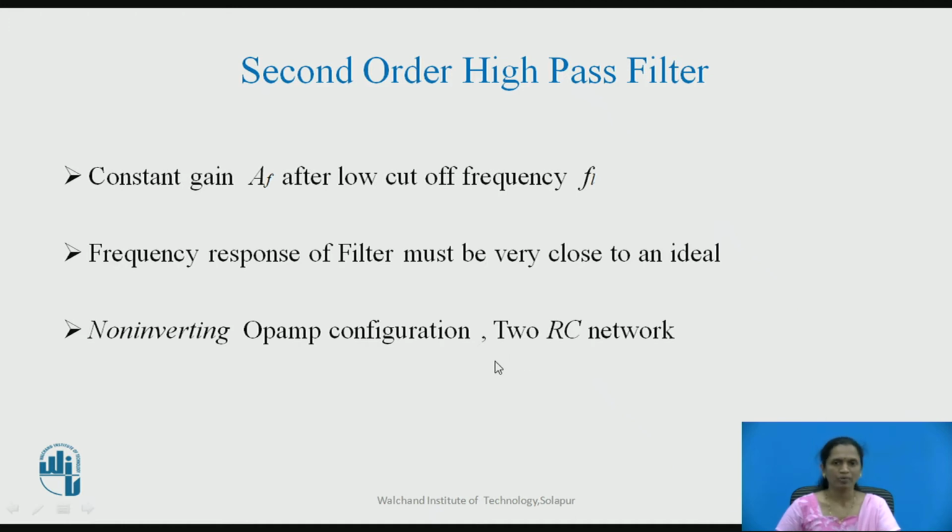It can be obtained with the help of two RC networks, and as it is an active filter, the op-amp is utilized in the non-inverting mode for getting a large gain.